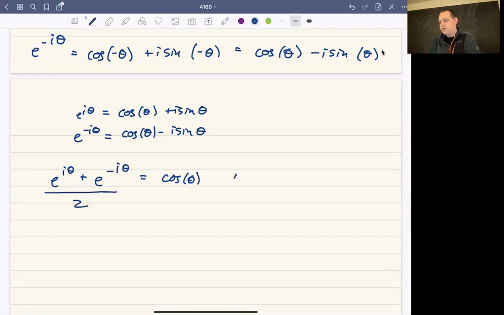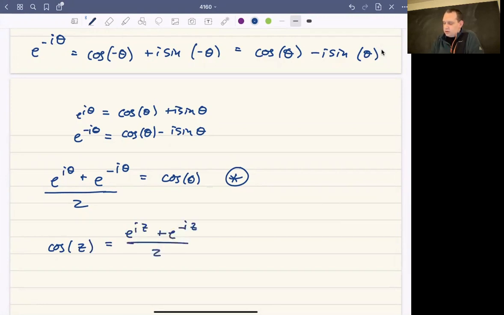So this is now an expression for cosine that's actually valid where theta, even though we've kind of determined this where theta is a real value, theta can actually be anything that you want. So in general, cosine of z is e to the iz plus e to the minus iz all over 2. This is what cosine of z actually is. You can define cosine this way, and this is the derivation here.